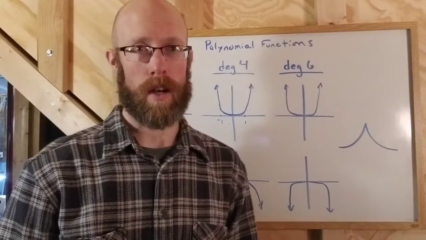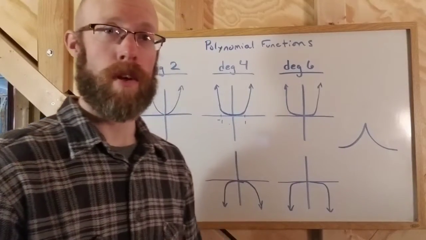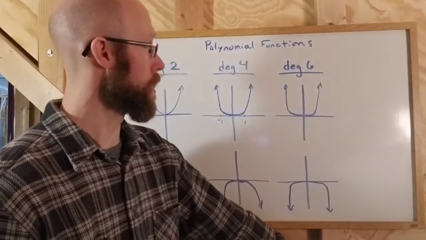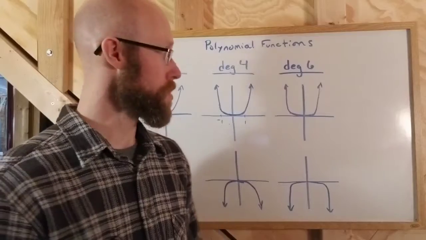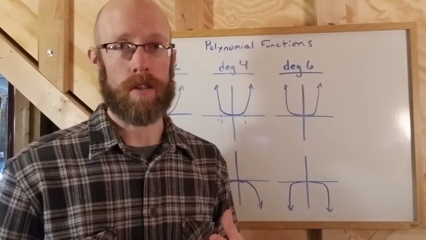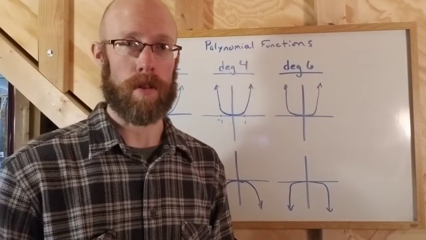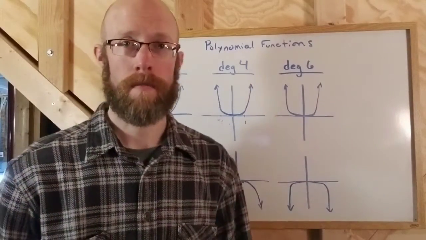That would be called a cusp. So you never have a cusp, a corner, a hole, a gap, or a jump. Polynomial functions are very nice in that way, because the only operations being performed generally are addition and multiplication and exponents. Those are fairly simple calculations to make, and they make for very nice graphs.